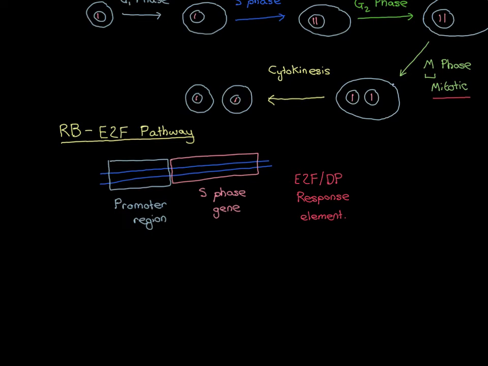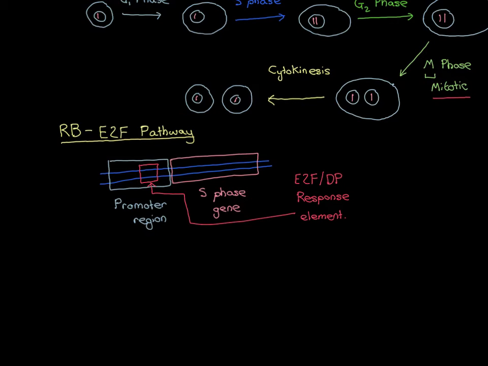So, let me draw this on here. So, let's say this little region here that I'm boxing in red, this is going to be our E2F DP response element here. So as I say, this is just a certain sequence of organic bases that is present in the promoter regions of all S phase genes, and the significance of this little sequence of organic bases is that a protein complex called the E2F DP protein complex can bind to it.